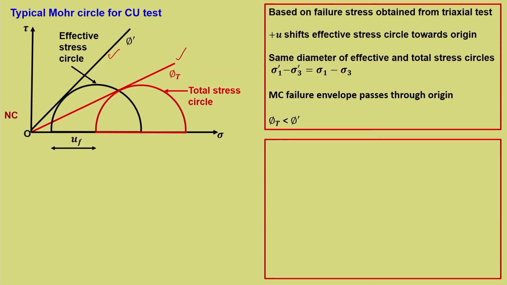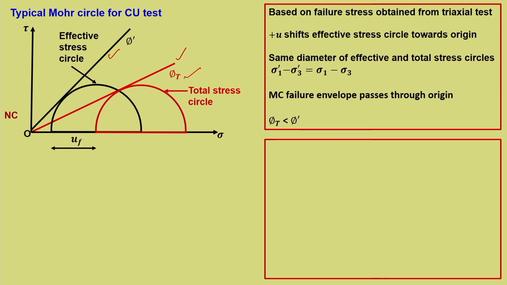A normally consolidated material can undergo fast volume change, and here in fact it is in terms of pore water pressure because volume change is not restricted. So, you tend to have only the frictional component for normally consolidated clays, and we do not tend to have cohesion for this particular soil, and hence the failure envelope of CU for NC passes through origin. So, that we need to keep in mind, and phi t is less than phi dash.